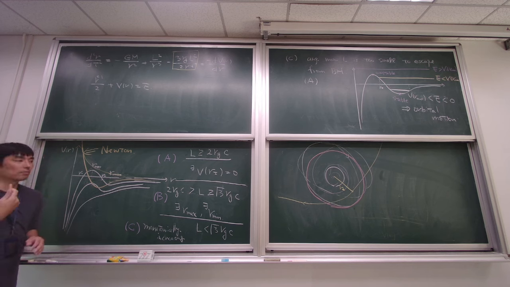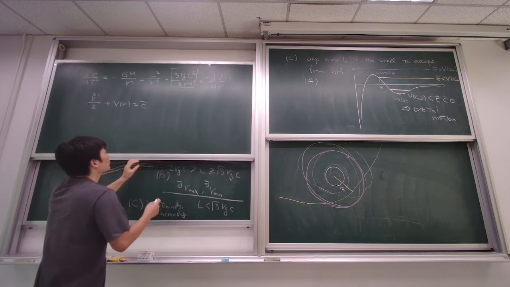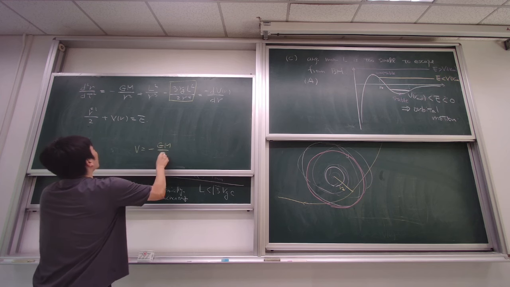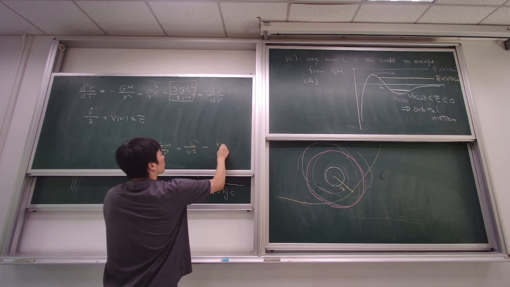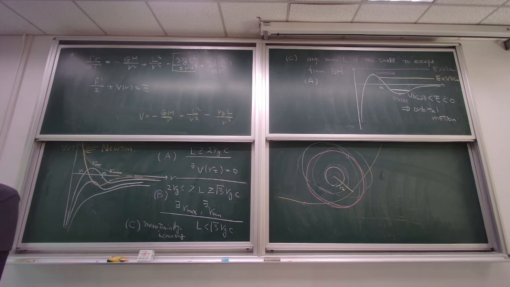But the difference with Schwarzschild, or the GR effect: if you include the GR effect, a 1 over R cubed part will show up. So it can enter. The difference is something like V of R equals minus G M over R plus L squared over R squared minus, I already forgot, something like R cubed. Some factor is missing. I don't remember. What was it?